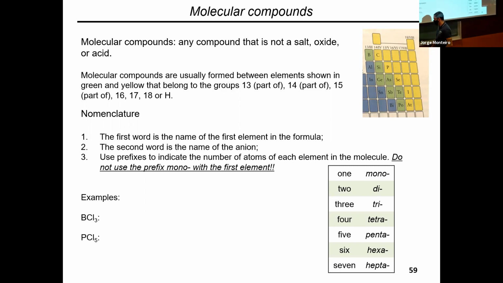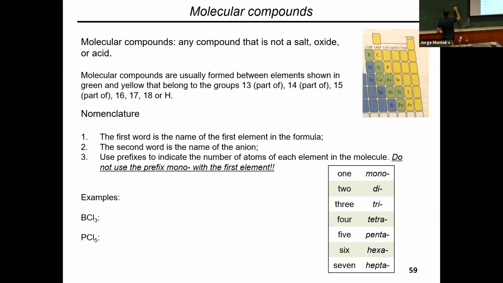Let's tackle 2 examples here, starting with BCl3. First word is the name of the first element, boron. And then the second word is the name of the anion.